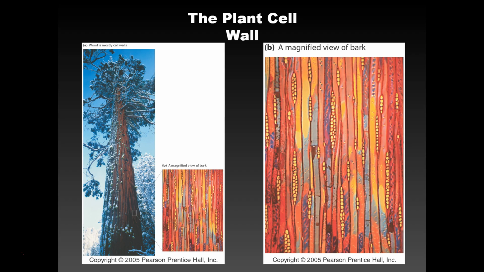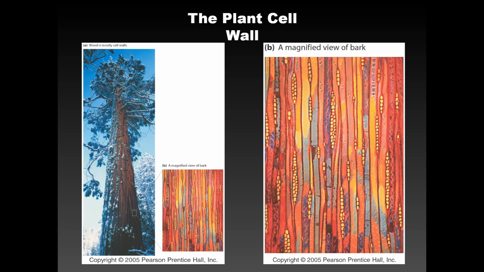And before I get to this, I suppose I should also mention that those cell walls are composed of mostly cellulose. Okay, it is mostly cellulose, and in some cell walls, cellulose is joined by a compound called lignin, which makes it even stronger.